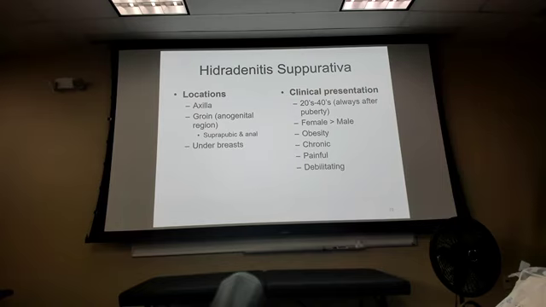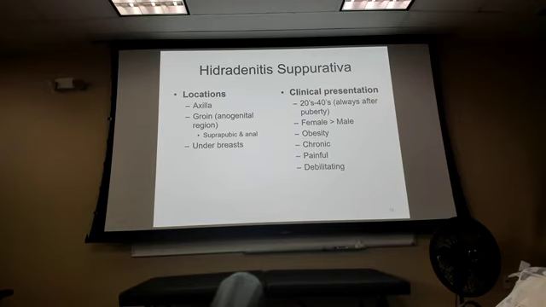They can have it also in the groin, not only the suprapubic area, but also the anal area, which we're going to be looking at some pictures of, wonderful stuff. Also under the breast, okay, ages 20s up to the 40s. Females are affected more than males, but it's round and about, okay?